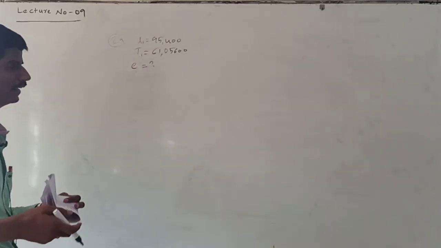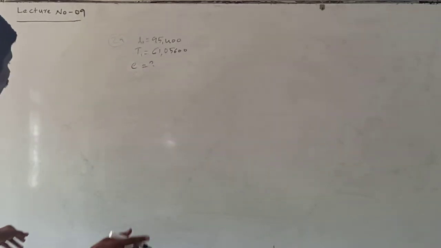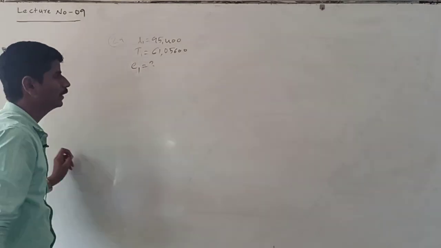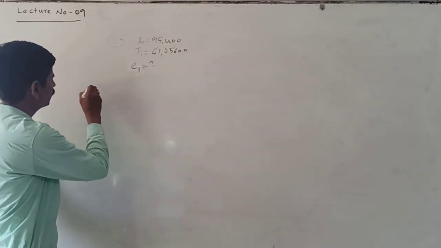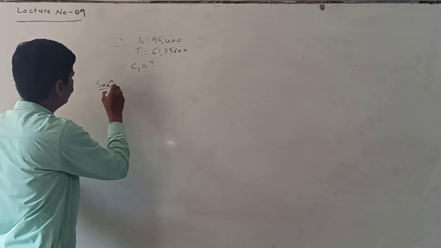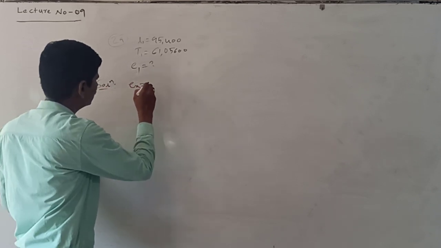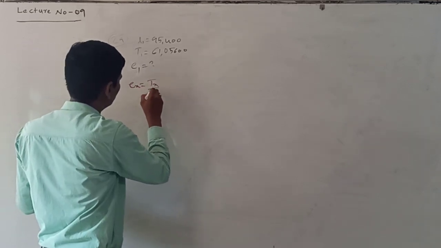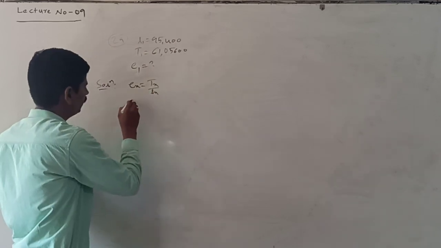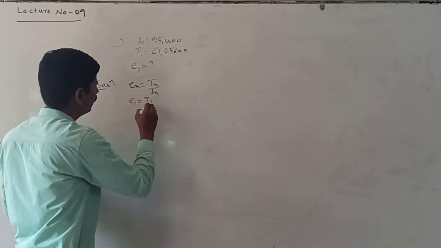Expectation of life is denoted by E. For the first year you have to find the E1 value. Apply the formula. Ex equal to Tx by lx. Put x equal to 1. E1 equal to T1 by L1.